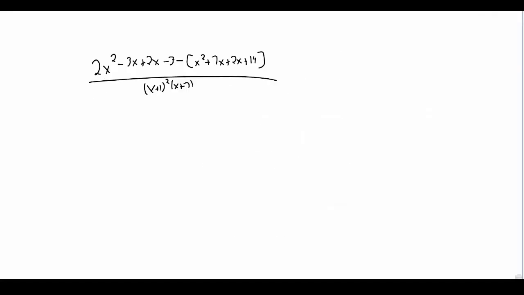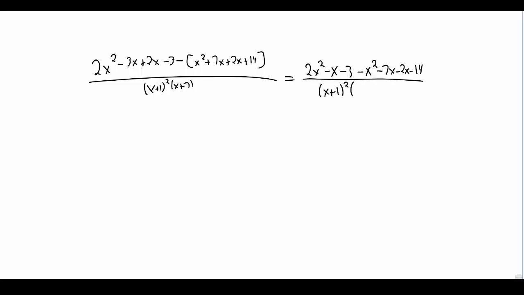Okay, we need to distribute the minus sign in the numerator. Let's first simplify the terms out in front. This becomes 2x squared minus x minus 3. And now we distribute the minus sign. Essentially, we simply change the sign of each term in the brackets: minus x squared minus 7x minus 2x minus 14.